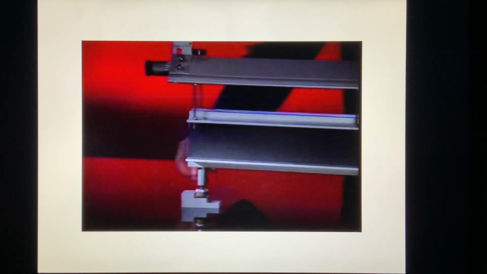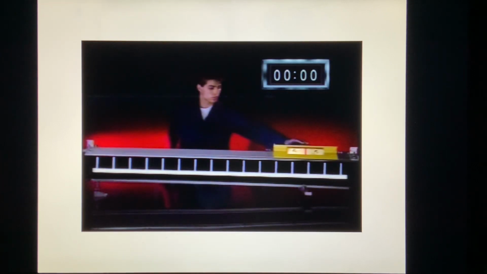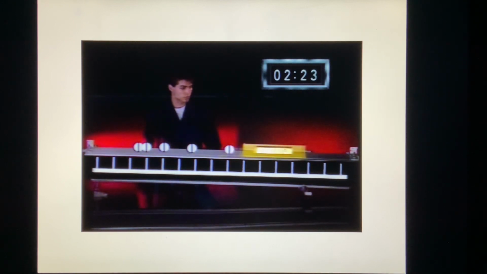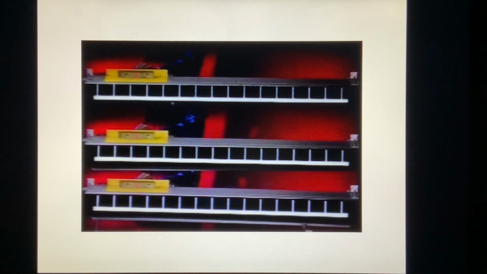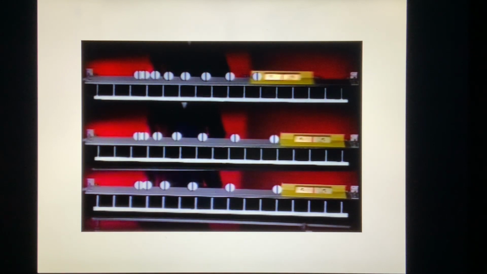When the shim height is increased to 3 centimeters, the acceleration increases again. This split-screen view shows the glider accelerating at all 3 angles of tilt.